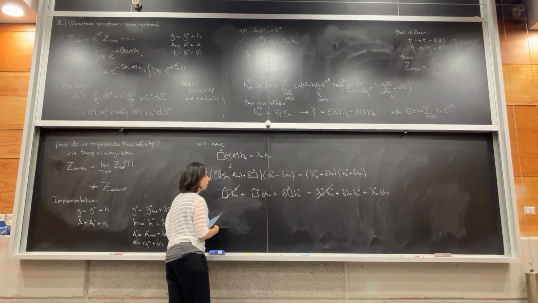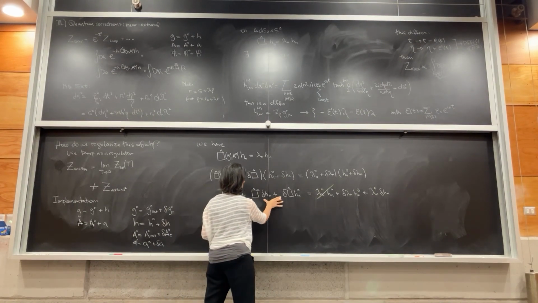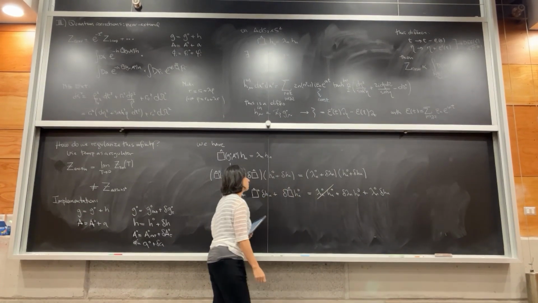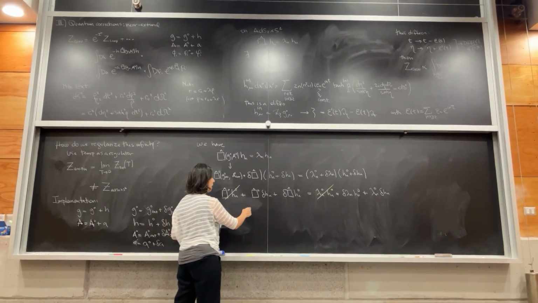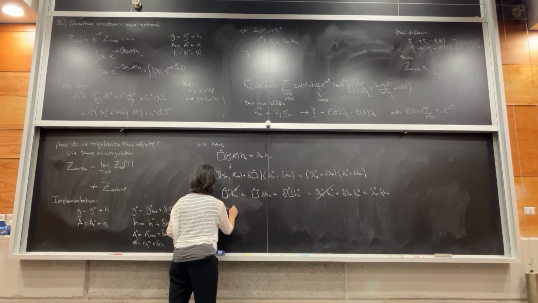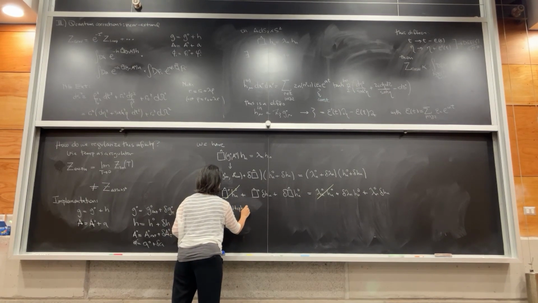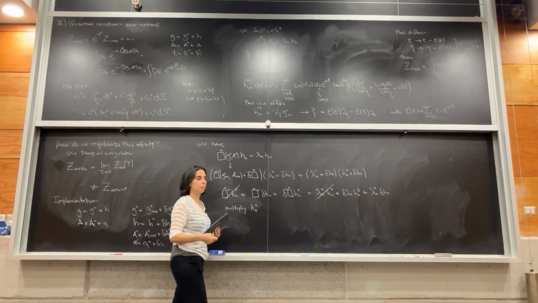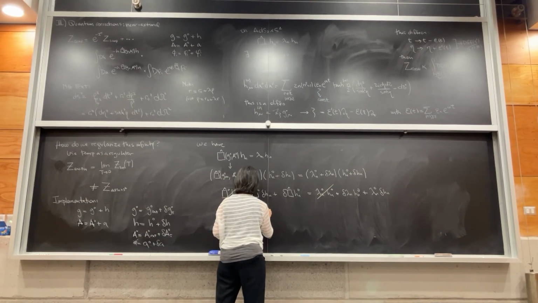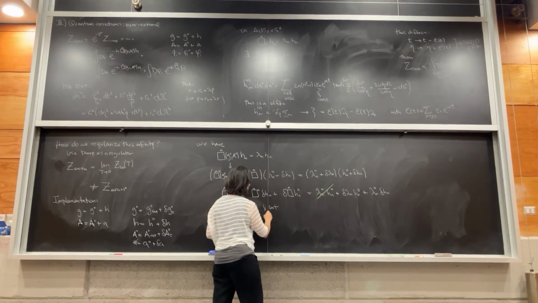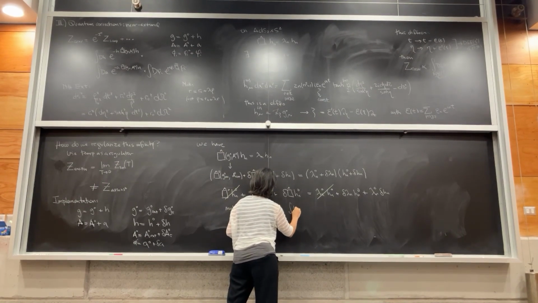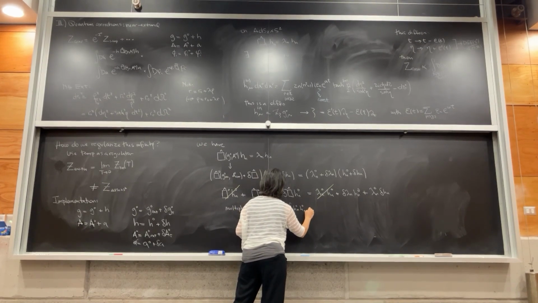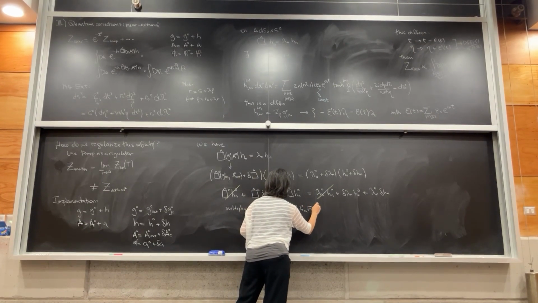And what I can do now is write my resulting equation as this side of the equation equal to this. Then I'm going to multiply this equation by Hn0 and integrate over the background manifold, because the Hn0s satisfy orthogonality.